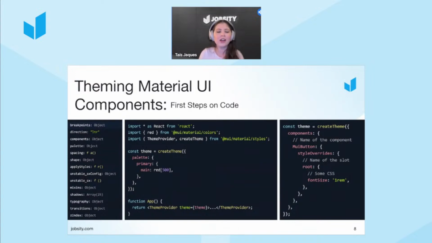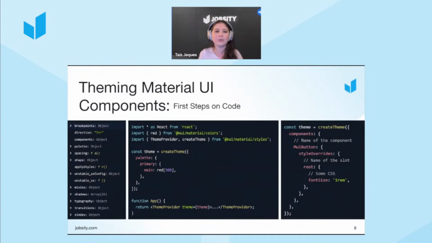So the first image shows the 14 base properties that Material UI provides today for us that we can change. But if you don't want to change everything, you don't need to set every single property. You can set up just the few ones you want, and the rest is going to be using the Material Design default recommended props.